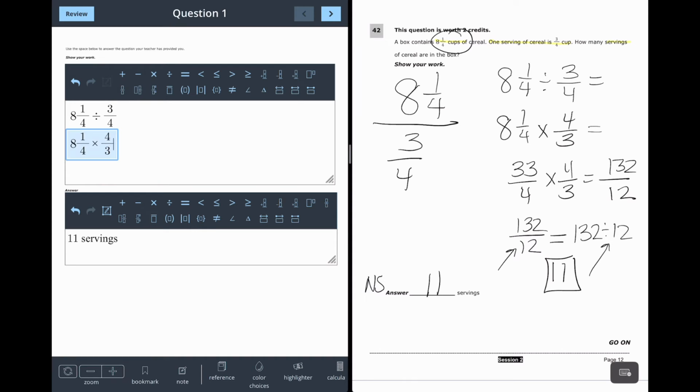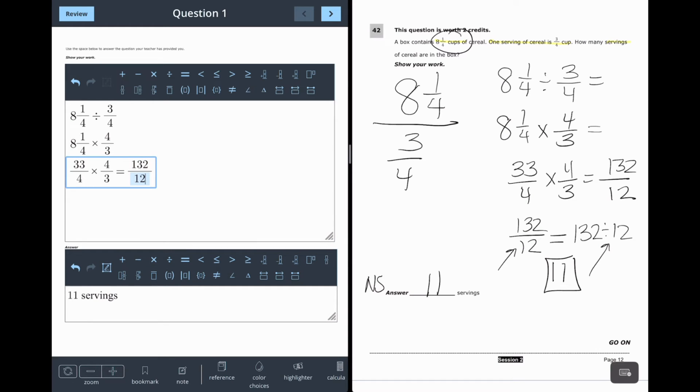So just look back at your work and make sure, because it's a very easy place to make mistakes when we recopy. And now I'm going to turn it into improper fractions. 33/4 times 4/3 is equal to, and we can put our answer in. This one's actually pretty easy to type.